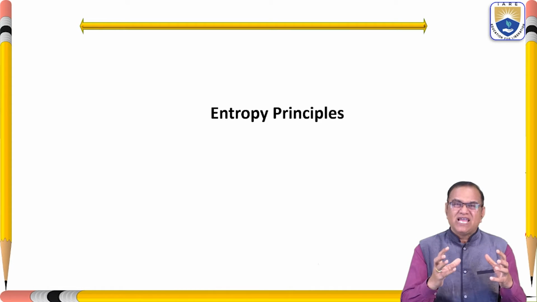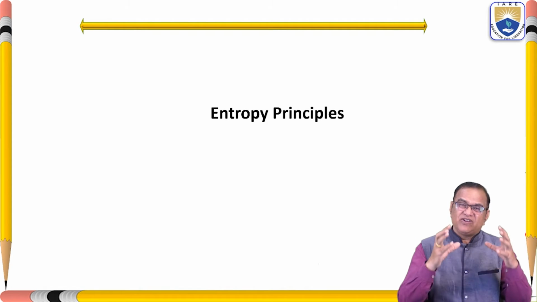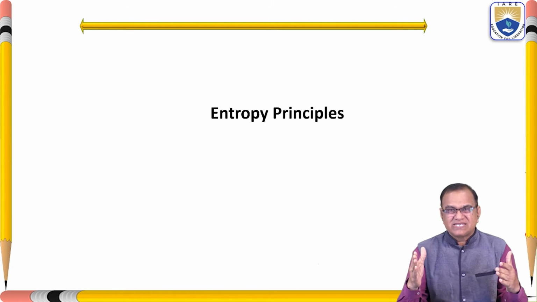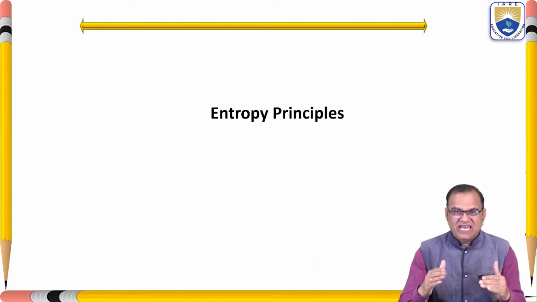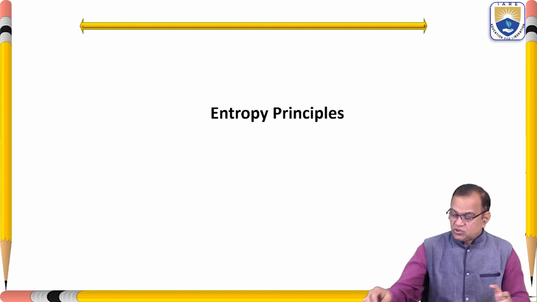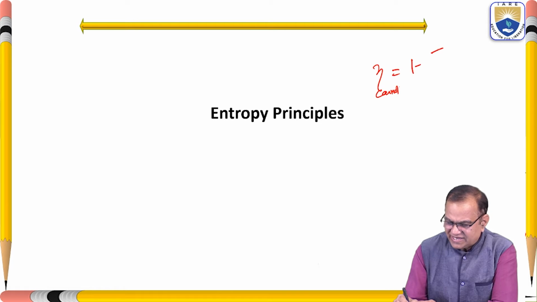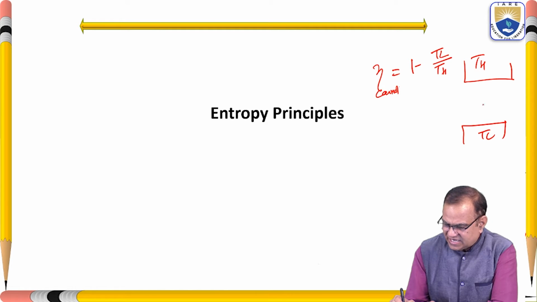The Carnot cycle says that the efficiency of any reversible cycle, eta, is equal to 1 minus TL by TH. So this is eta of Carnot is equal to 1 minus TL by TH. If this is TH, this is TL, and there is an engine, this gives the work.